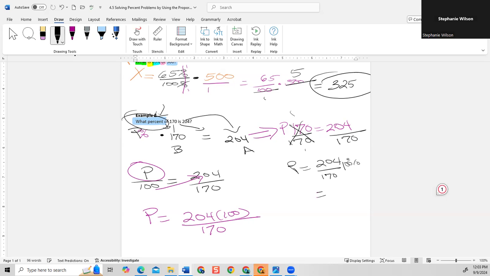Just remember, you don't want to forget it. And on this bottom one, you may need to write in the percent, because you don't want to forget that as part of your answer, because it will be an incorrect statement if you do. So it's 120%. Thank you.